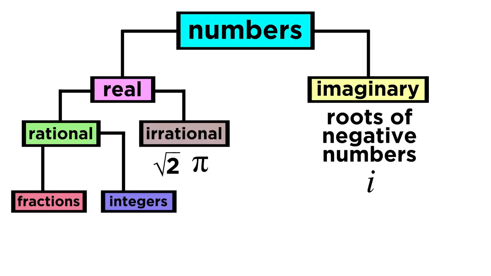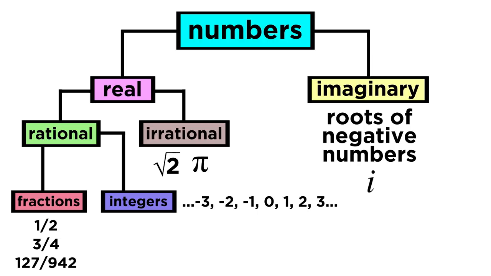If we want to, we can subdivide rational numbers further to describe types of numbers we already know about, like fractions and integers. Fractions are all the numbers that happen in between the integers, and there are infinitely many of them in between each integer.